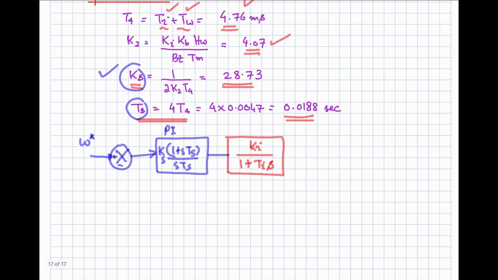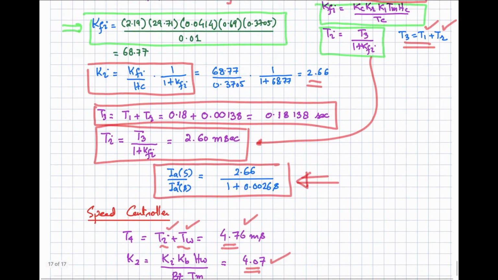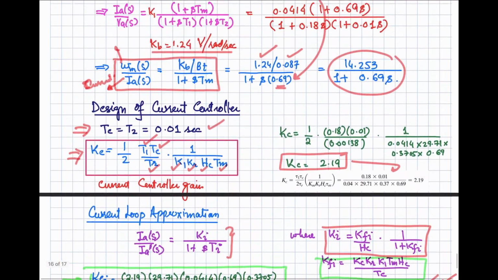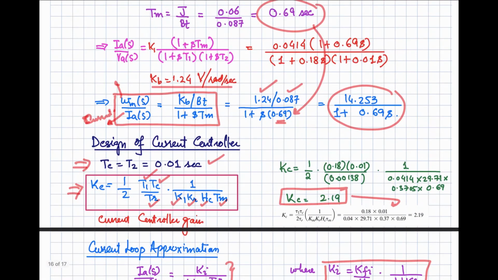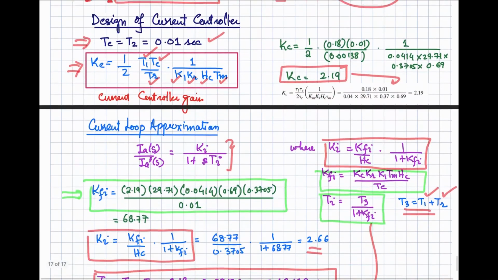So we can now implement this current loop with the first order approximation, and from this current we can move towards the speed. Here you can say Ia asterisk, this is Ia, and this Ia will be converted into omega with the help of the transfer function given by this equation, Kb by BT divided by 1 plus sTm.